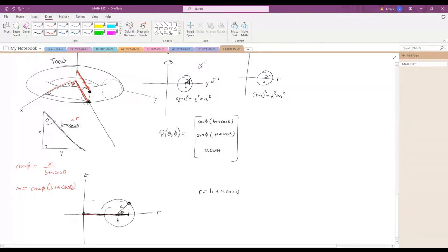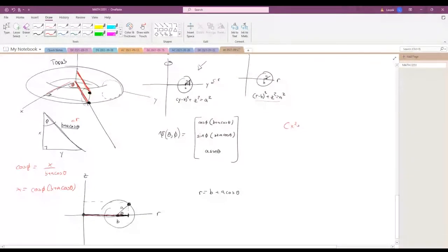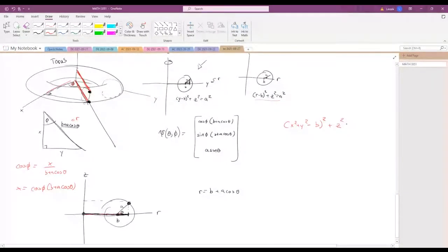So 1, 2, 3, 4, 5, 6. You're going to need 6 patches, I believe. But again, you're going to get the upper and lower part of the donut, and the more difficult one would be, right? So if you just choose essentially this equation, where R is the same thing as x squared plus y squared, maybe that would have been a better way to think about it as well. Okay. You can solve for z.